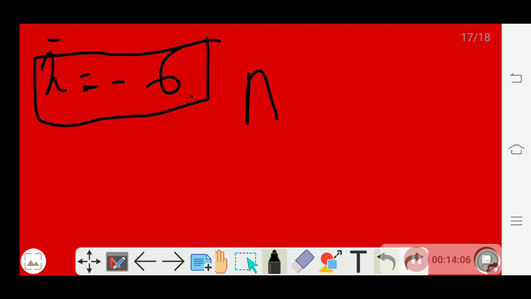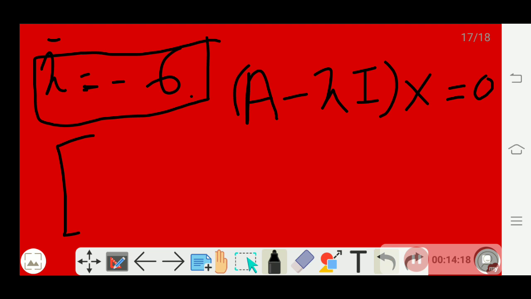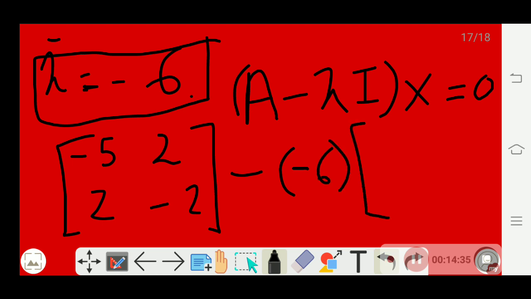It's A minus lambda I is equal to 0. So A is minus 5, 2, 2, minus 2, right? Minus lambda, same thing. Here it is minus 6, times 1, 0, 0, 1, which equals 0.